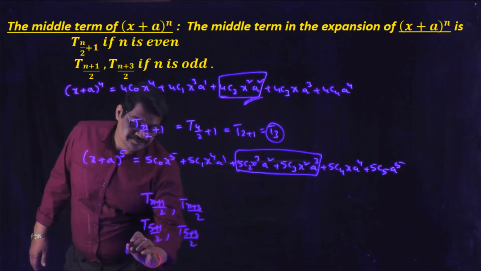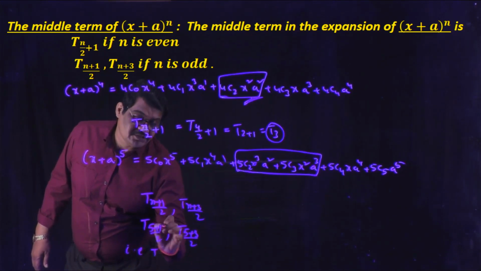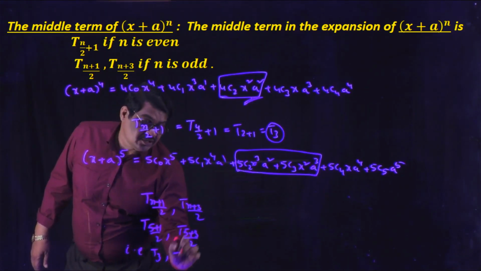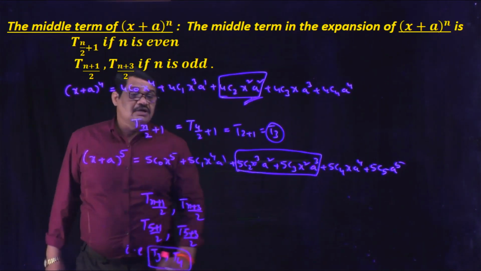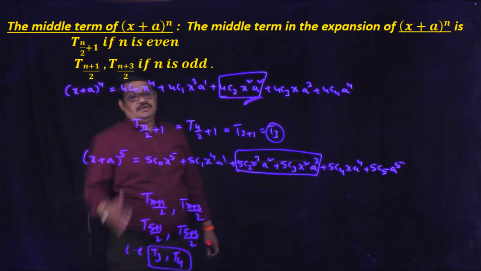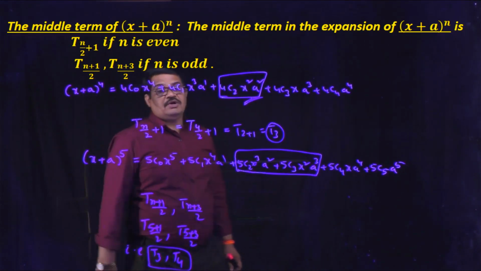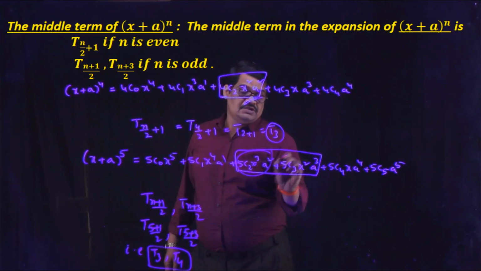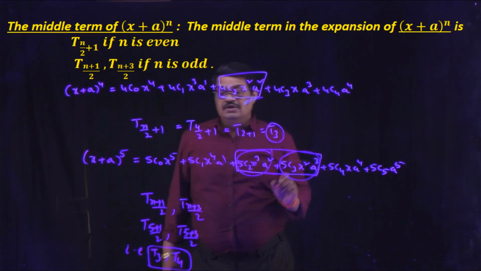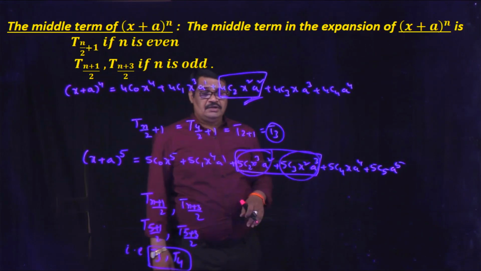That is nothing but T 6 by 2, T3, and T 8 by 2, that is 4. So we are getting the third term and fourth term as the middle terms.